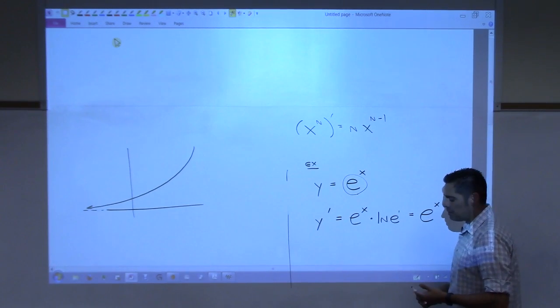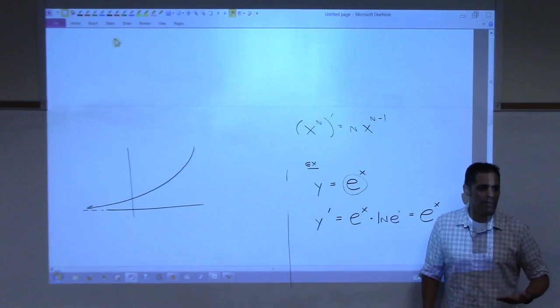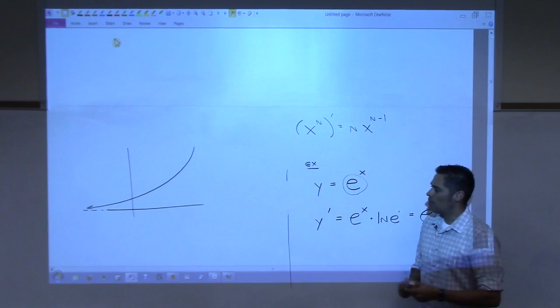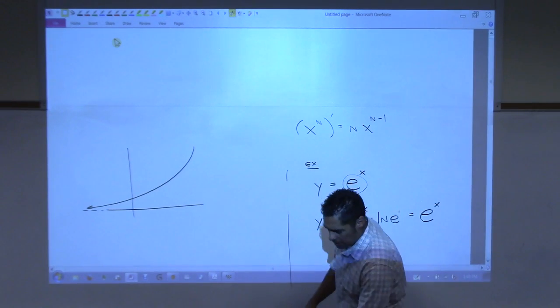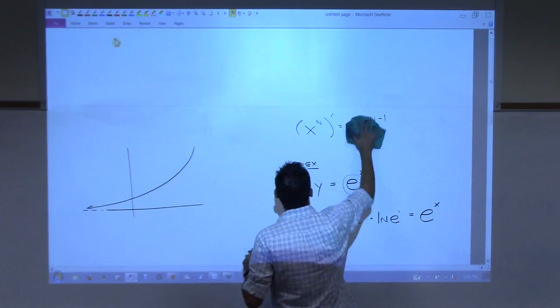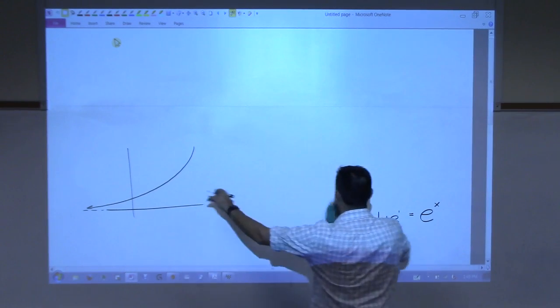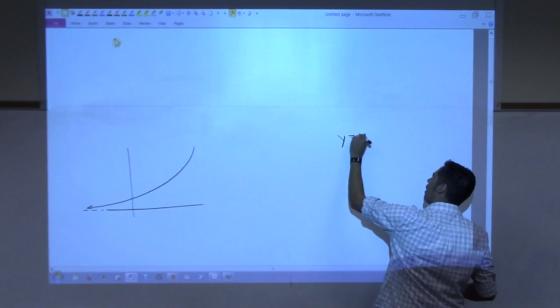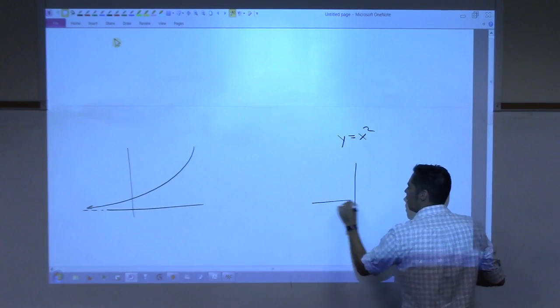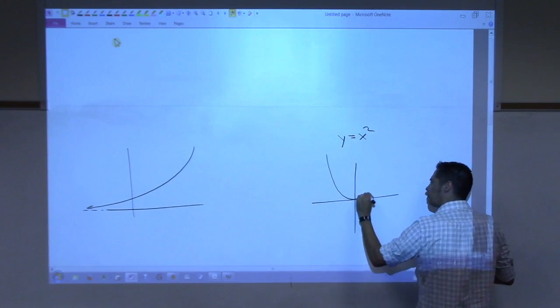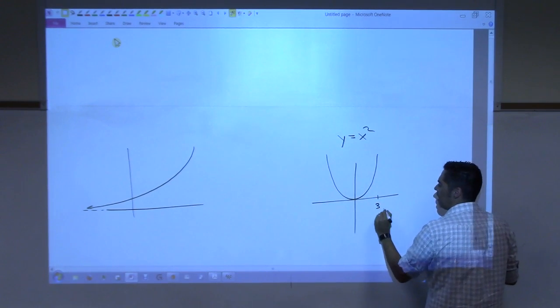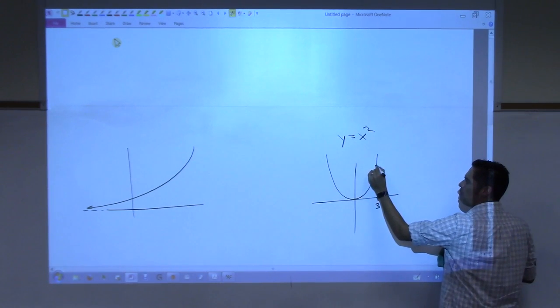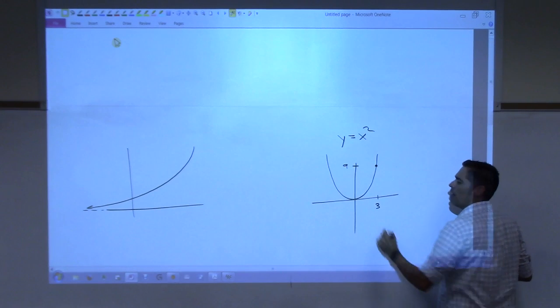So do you remember that the derivative represents the slope of the tangent line, right? Like if I go back to the good old days when we were just doing the derivative of x squared, but hold off on that for a second. If I gave you y equals x squared, here's what it would look like. And if I said to go out to 3, you would be up here at what point? 9, right?